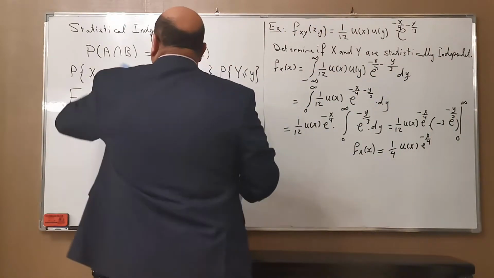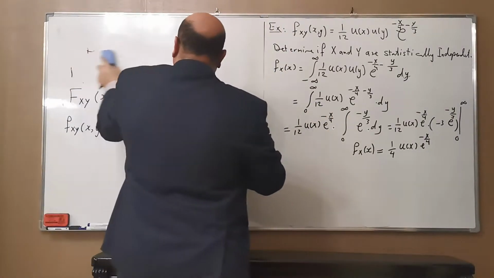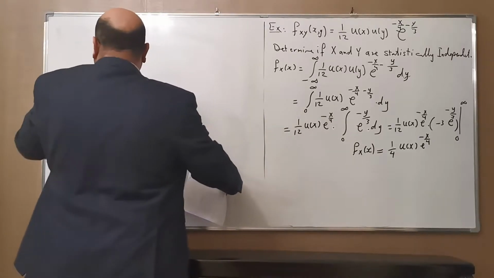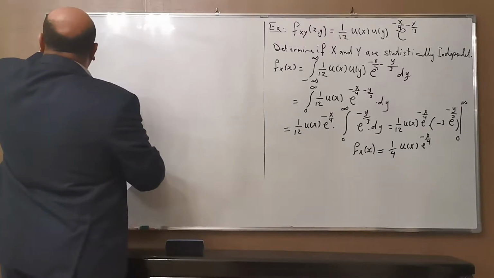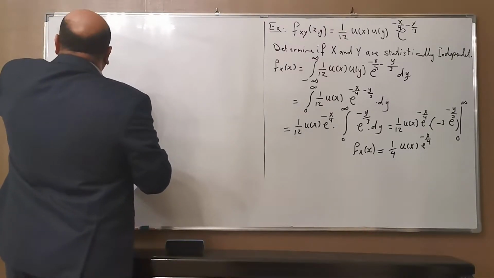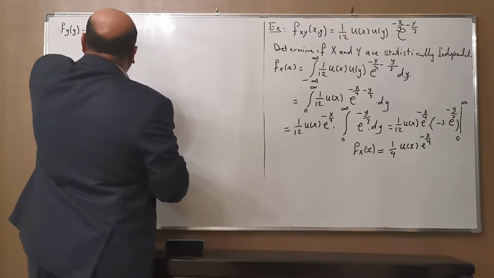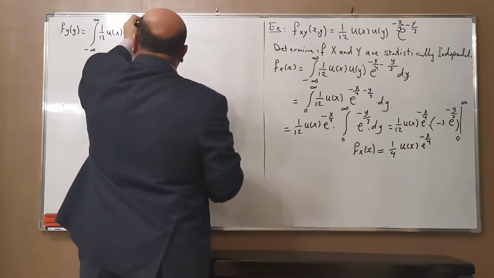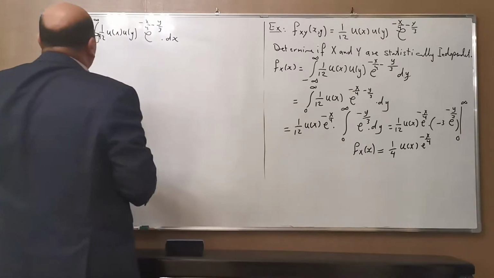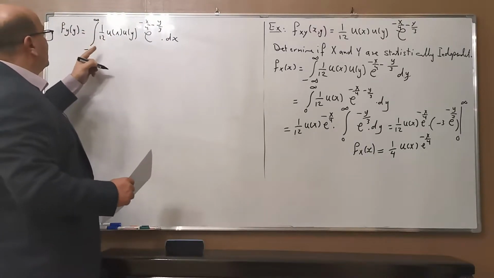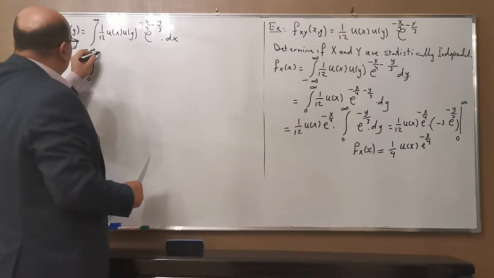If we do the same thing for y, we end up with fy of y equal to the integration from minus infinity to infinity of 1 over 12 u of x u of y e to the minus x over 4 minus y over 3 dx. Okay, u of x is valid from 0 to infinity, so this is the integration from 0 to infinity.